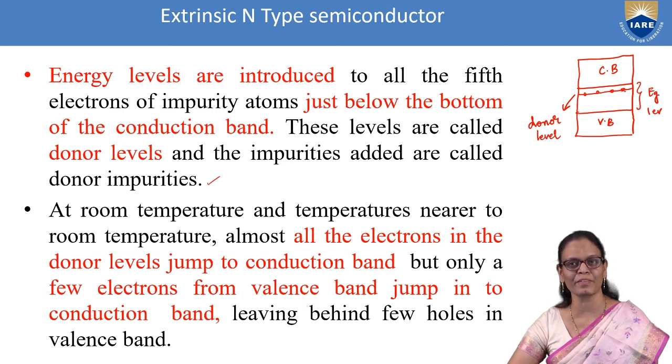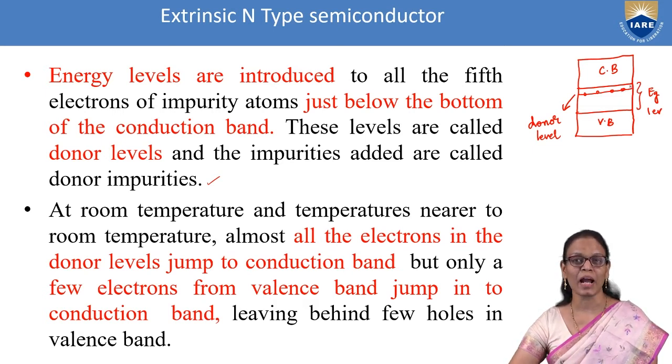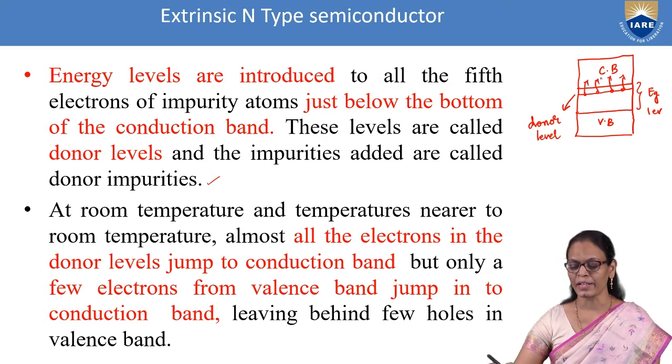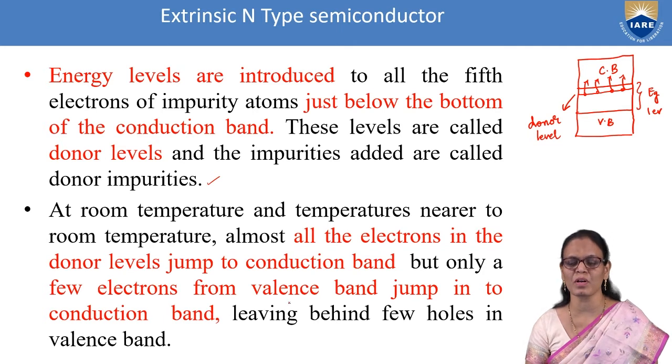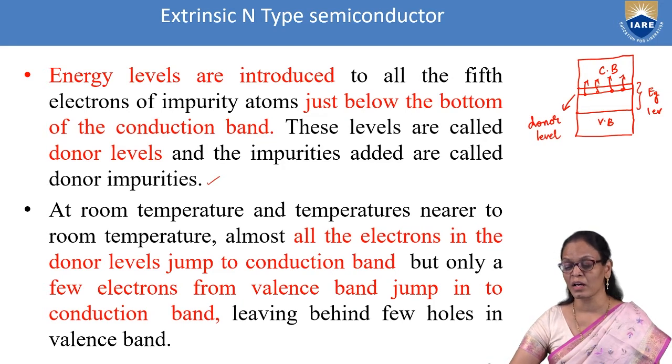Even if you supply very little energy, at room temperature also, these electrons will move into the conduction band, and only very few electrons from the valence band jump to the conduction band. After all these electrons are shifted into the conduction band, if you further increase the energy, some of the electrons from the valence band may also shift to the conduction band.